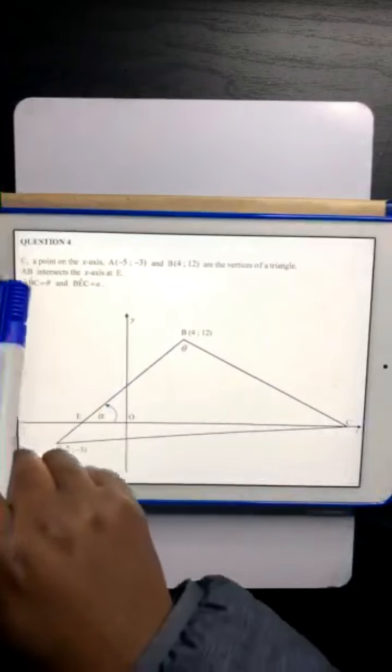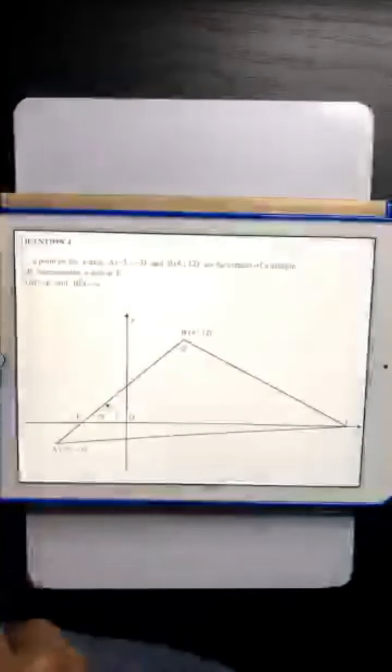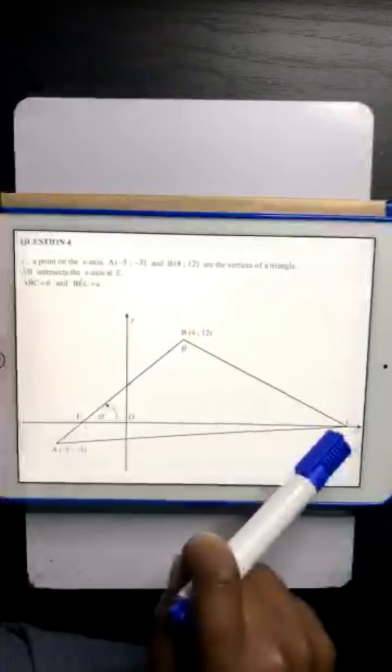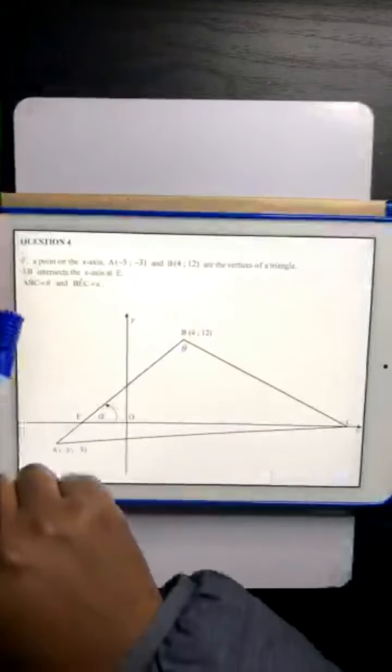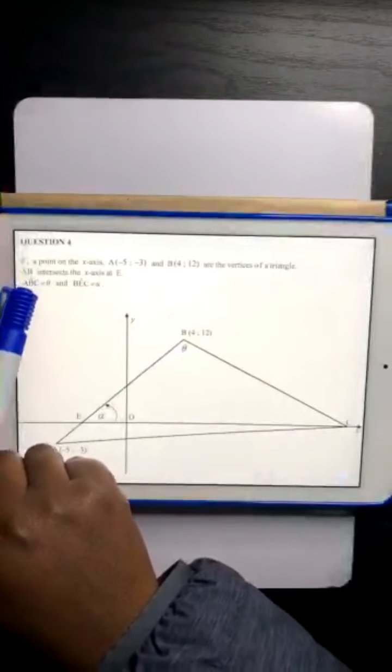Now they say AB intersects the x-axis at E. Where's AB? There's AB. It intersects the x-axis at E. In triangle ABC, angle B is equal to theta.